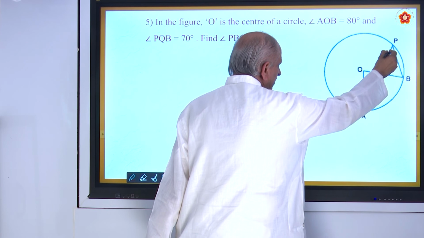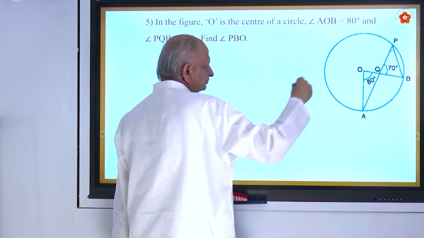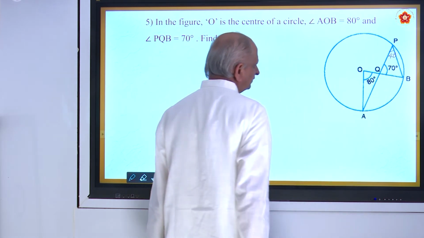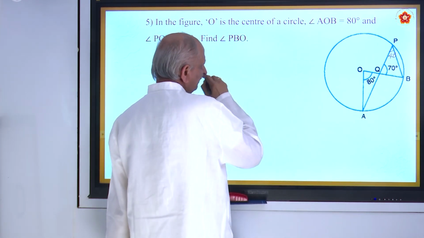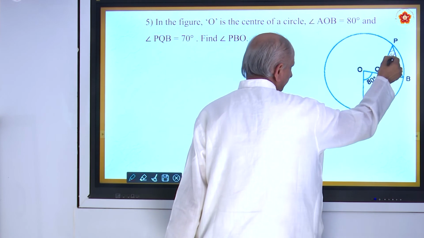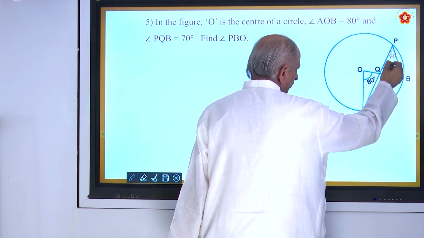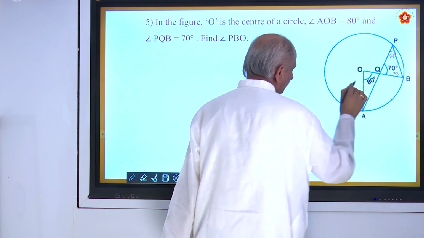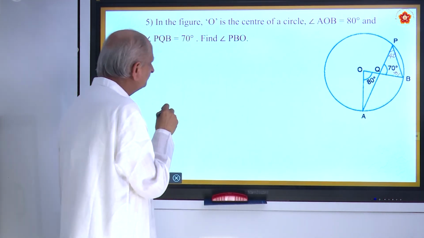What about this angle? That will be half of that, that is 40 degrees. You are asked to find PBO. If that is 40, 40 plus 70 is 110. Then this becomes 70. Those are the right steps.